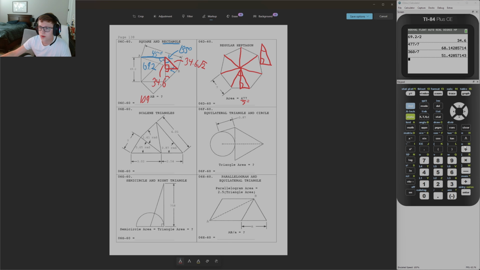Let's divide it by 2. Since 51 degrees was the entire angle for that triangle, dividing it by 2 would get us the angle for just half of it, right? So that is 25.714.